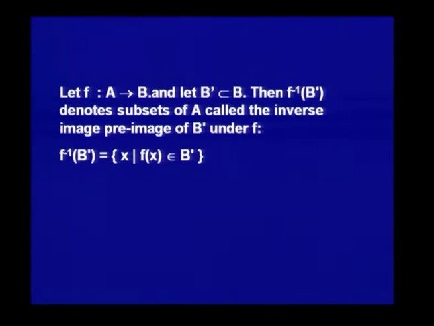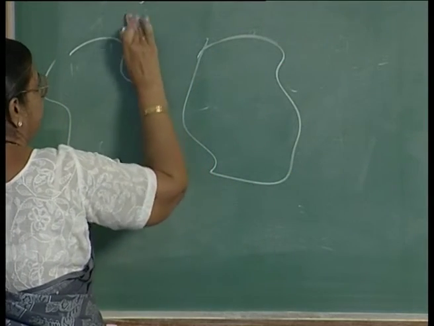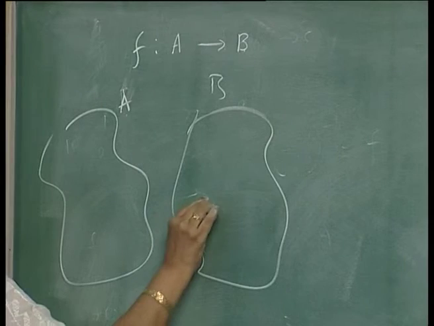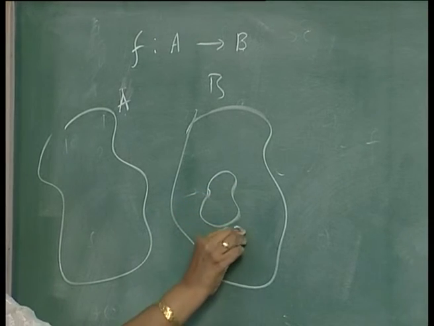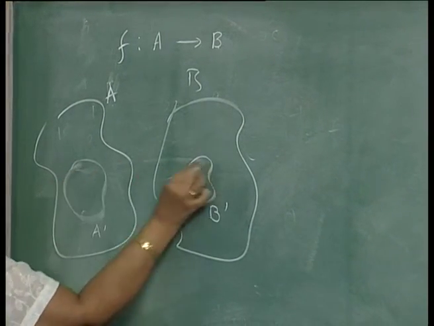Let f be from A to B and B dash a subset of B, then f inverse of B dash denotes subsets of A called the inverse image or pre-images of B dash under f. That is, if you have something like this, f is from A to B, this is A, this is B. Now, you have a subset B dash, some elements of A, A dash, a subset of this, are mapped on to this.